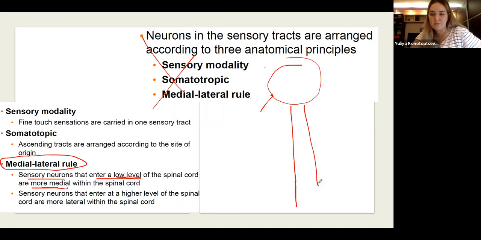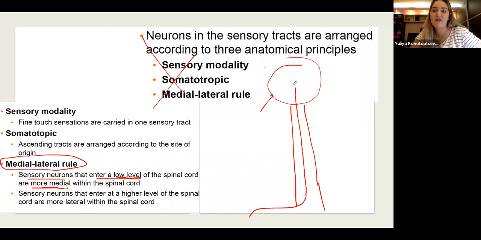So if my sensory neurons entered into the spinal cord very low, very far away from the brain, should they keep medially or laterally? They should keep medially because they have a longer distance to travel. It's very identical to a highway. If you need to take an exit, you keep right, you keep lateral.